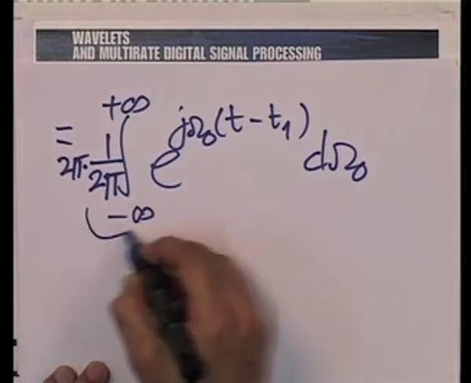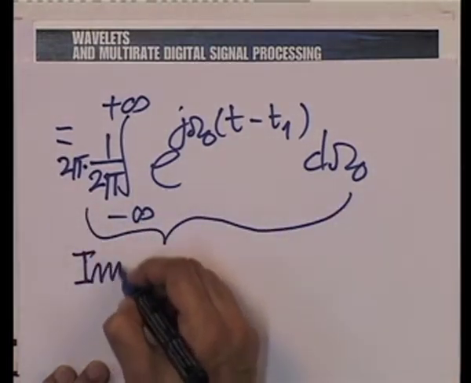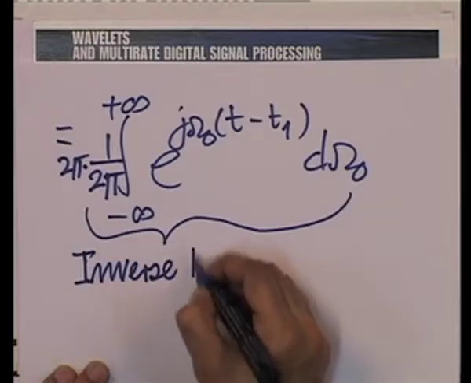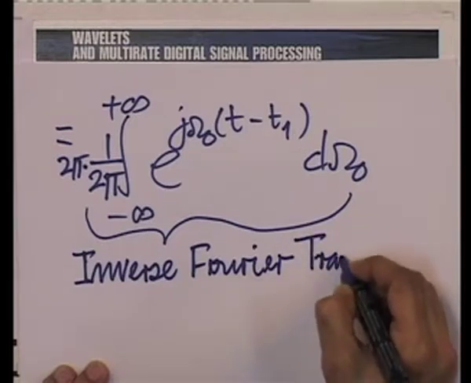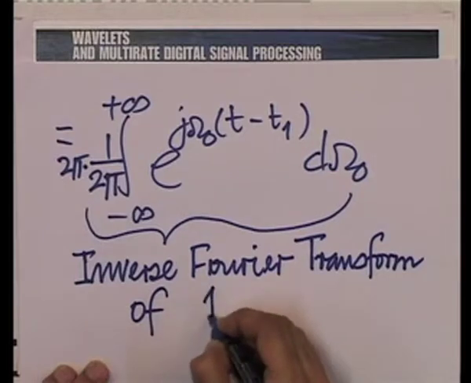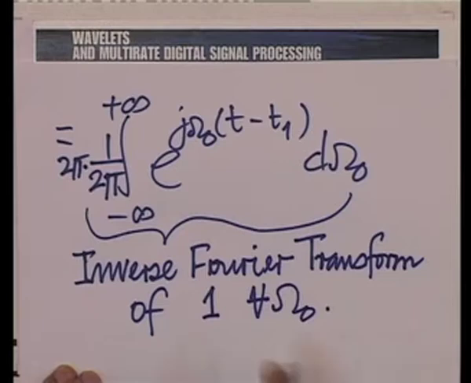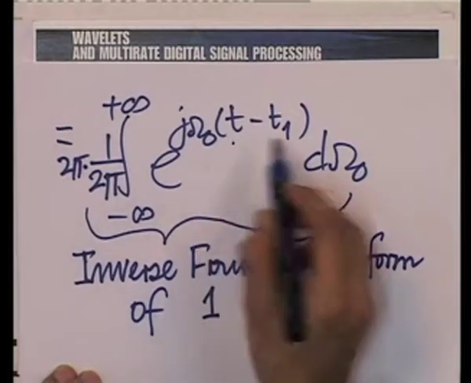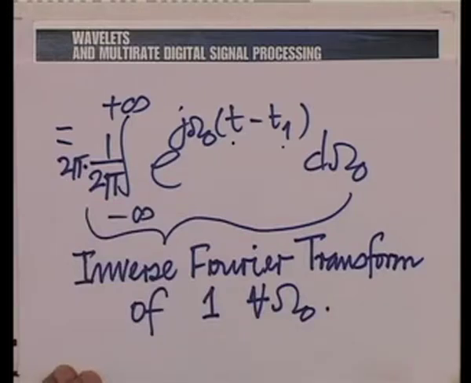So, this part is essentially the evaluation of the inverse Fourier transform of a function which is 1 for all omega naught. So, that would essentially be the impulse placed at t minus t1, and of course, this factor of 2 pi is there. So, I can write that down and dispense entirely with the integral on omega naught.